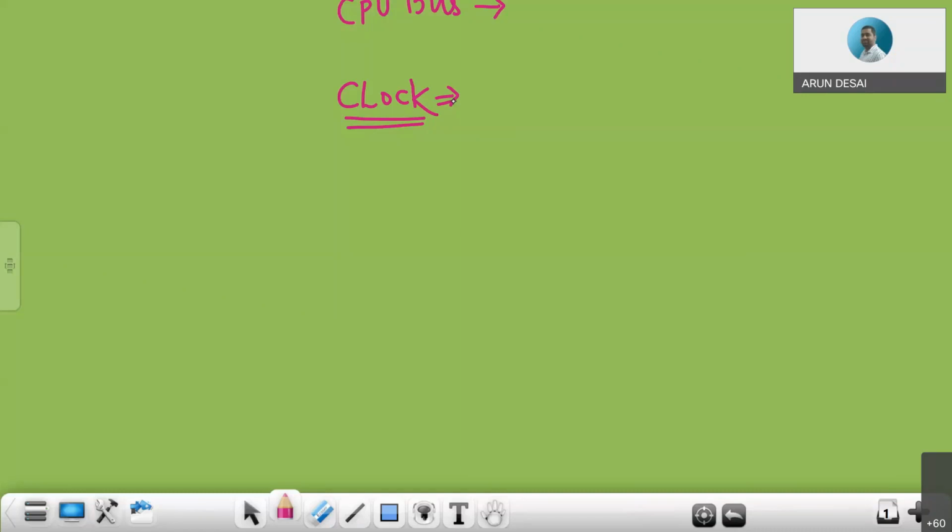A clock is basically a square wave or a signal which is used to synchronize various devices in the microprocessor and in the system, right?